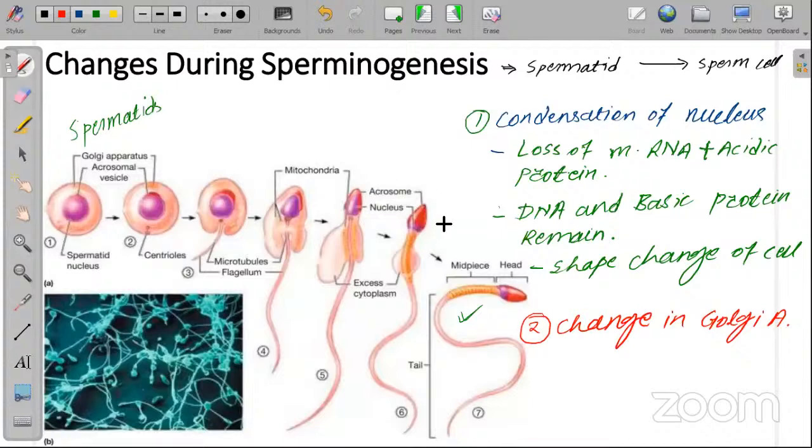Okay, and that's why mRNA is lost and DNA remains. So, changes in Golgi apparatus. In the case of Golgi apparatus, the Golgi apparatus is converted into two parts. First part is the acrosome. Next part is the Golgi rest.